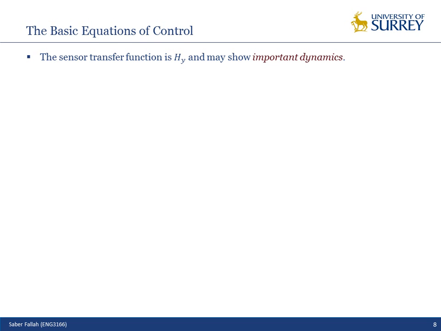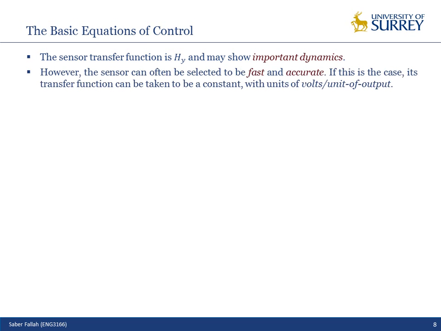When you have a dynamic system, you have variation, and your response and your system states will change based on time. So you have a differential equation. You need to represent the performance of the system by differential equations. But in a static system, there is no differential, just a constant gain. In the sensor case, because we have a fast and accurate system, we can just consider it as a constant system.